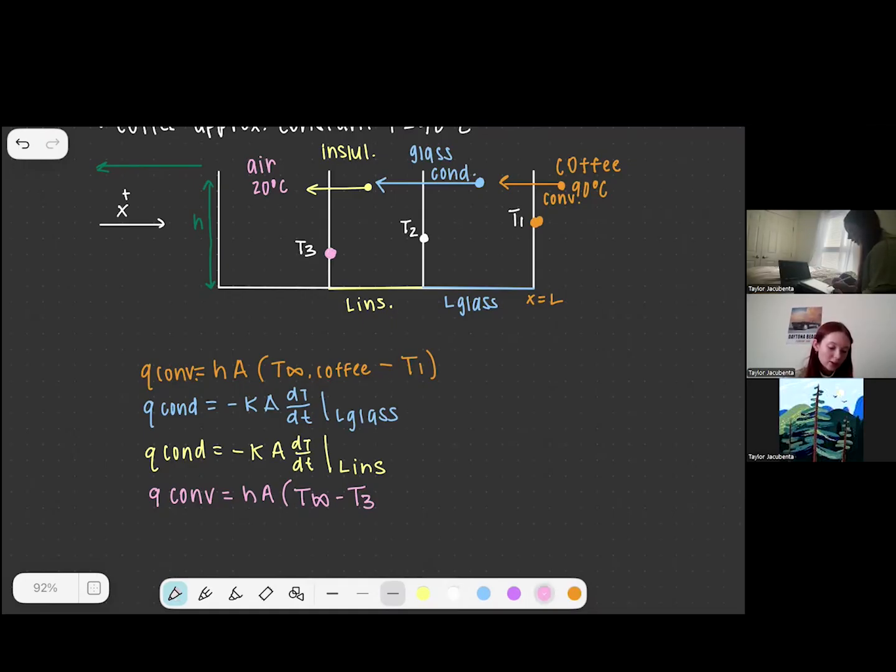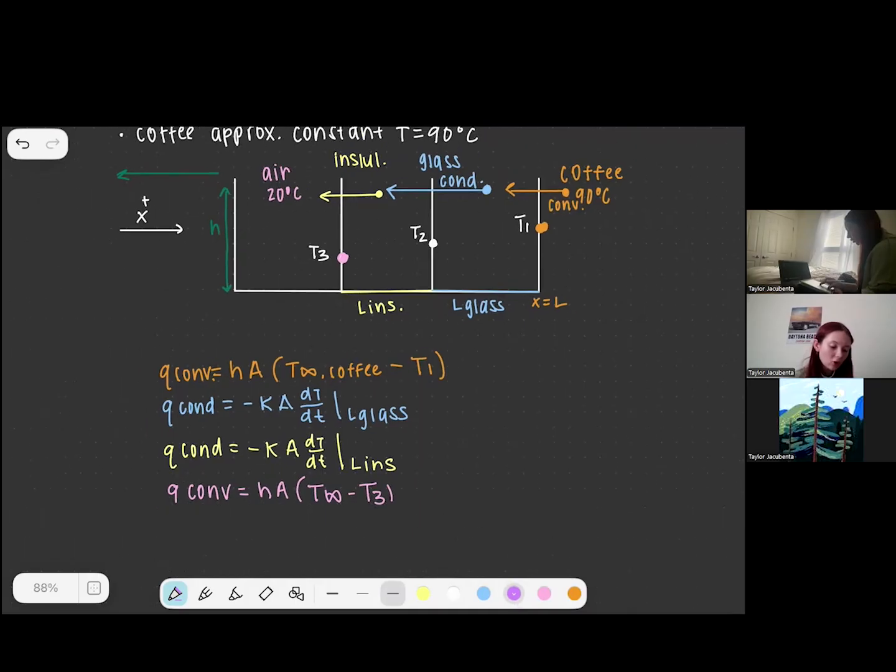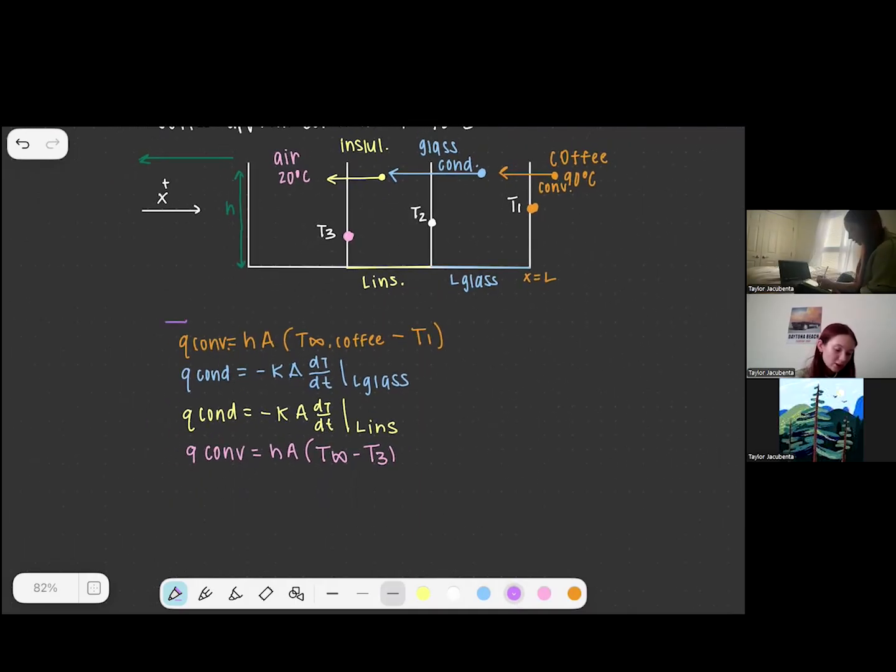And then we can say that all of these equations are going to be set equal to each other because the net heat flow is equal to all of the heats at each of these surfaces. And so let's set those equal to each other.